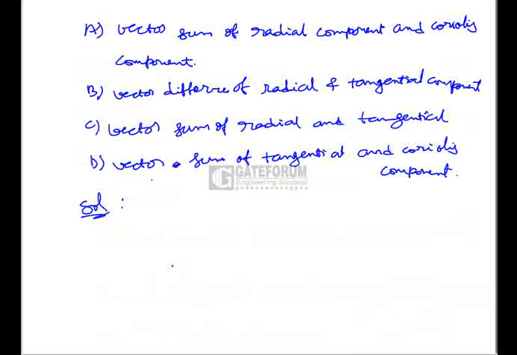Consider a link AB, and B is moving with respect to A. Let us say it is moving like this. So here for this component there are two components, one is tangential and another one is the normal component or radial component.